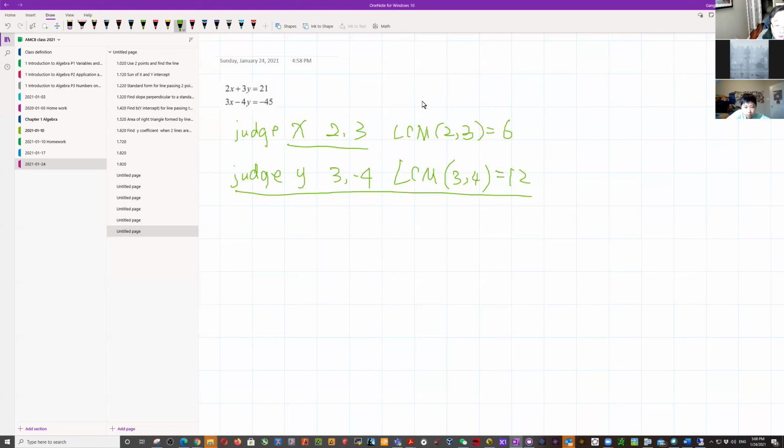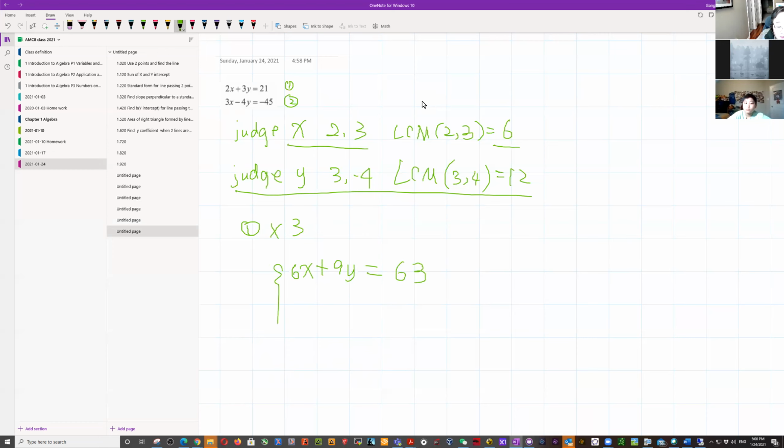So in order to use elimination, we have to bring both equations up to their LCM, least common multiple. So this is 1, this is 2. So 1 needs to be multiplied by 3 in order to bring x to 6. So 1 multiplied by 3, we get 6x plus 9y equal to 63.